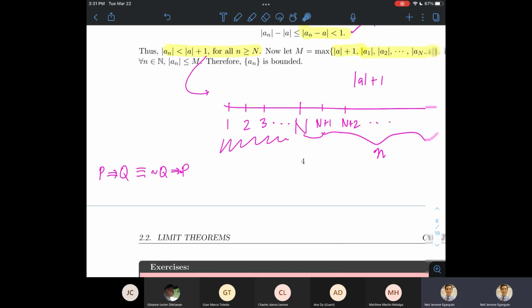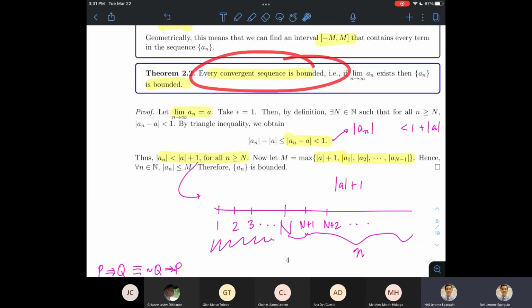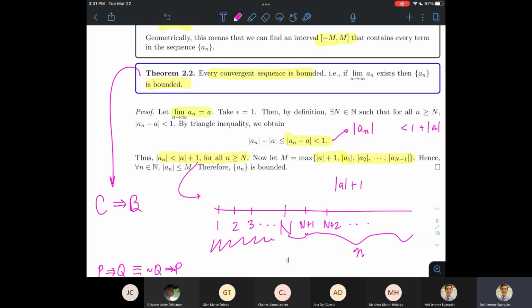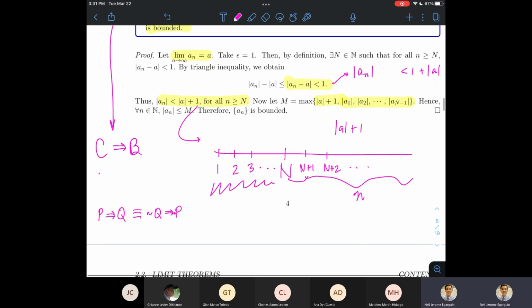Now, if we will get the contrapositive of this statement, okay, ang sabi ng statement na yan, convergent implies bounded. So convergence necessitates boundedness. Pag kinuha natin yung contrapositive nan, ibig sabihin not bounded implies not convergent.